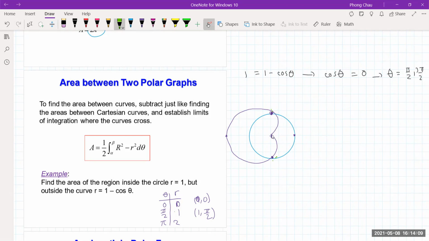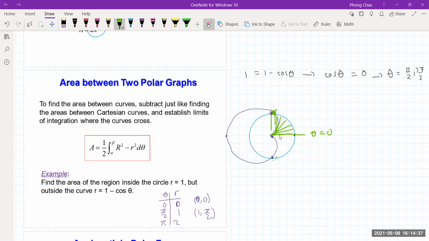I normally like to start with the horizontal part of the x-axis. Why? Because that is sure to give me theta equals 0. Then you can start, and you actually cannot go the other way because it'll be different.